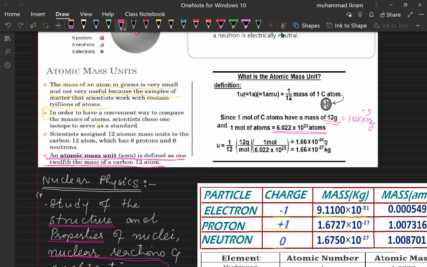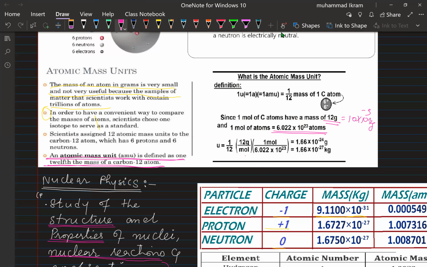So one atomic mass unit, 1 amu, is equal to 1/12 times 12 gram per mole, divided by the number of particles in 1 mole. And how many particles do we have in 1 mole? We have 6.022 times 10 to the power 23. This is in 1 mole, right?